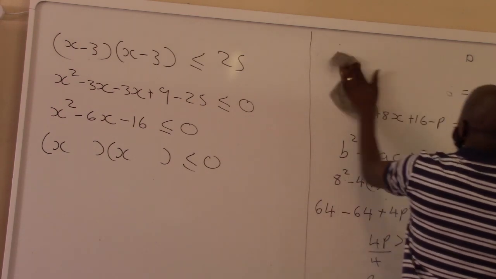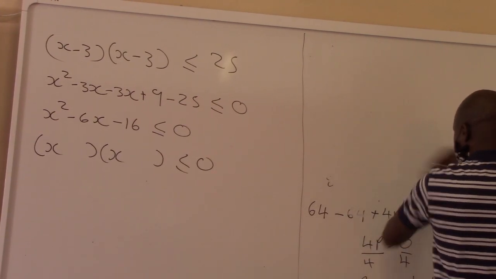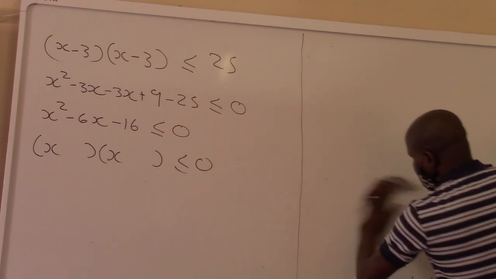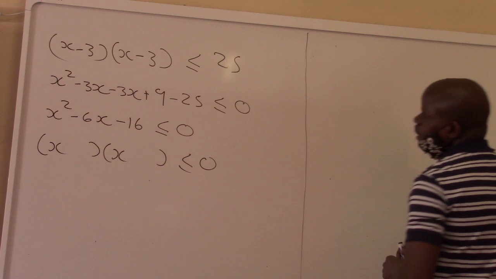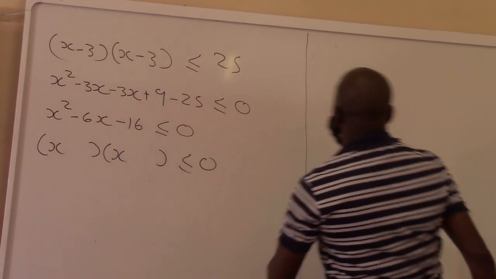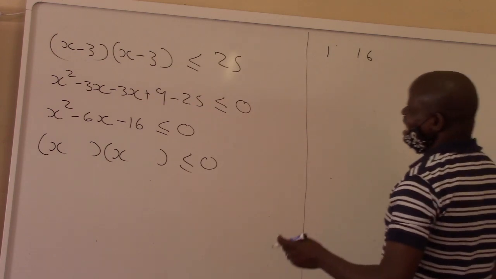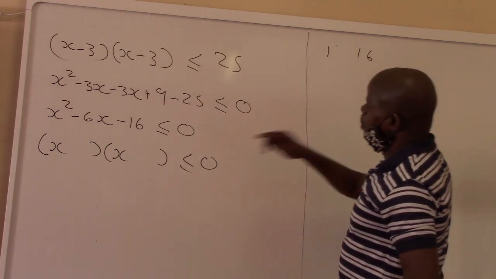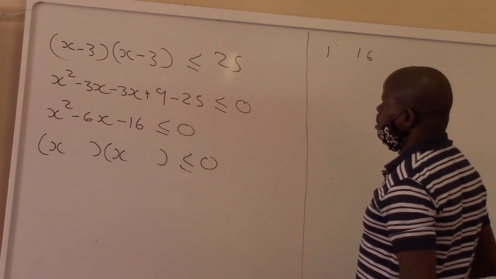Because it's negative, one should be positive and the other negative. Then are we going to get the 6? If it's 1 and 16, 1 times 16 is 16. Because of the negative, it means subtraction. So 16 minus 1 is 15.